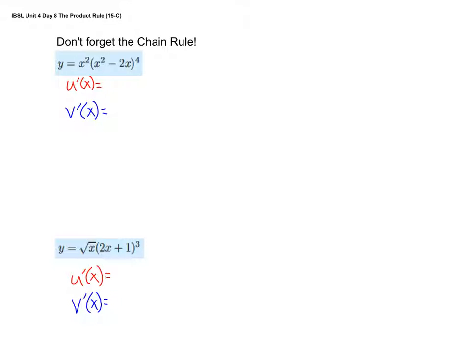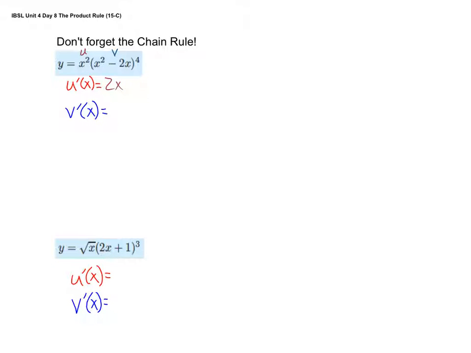Here we have polynomials multiplied together, or one polynomial raised to a power, but the other is a radical function. Okay? So in these cases, we're going to have to use the product rule, but notice, because these are raised to a power, when I go to do v prime, what am I going to have to use? The chain rule.